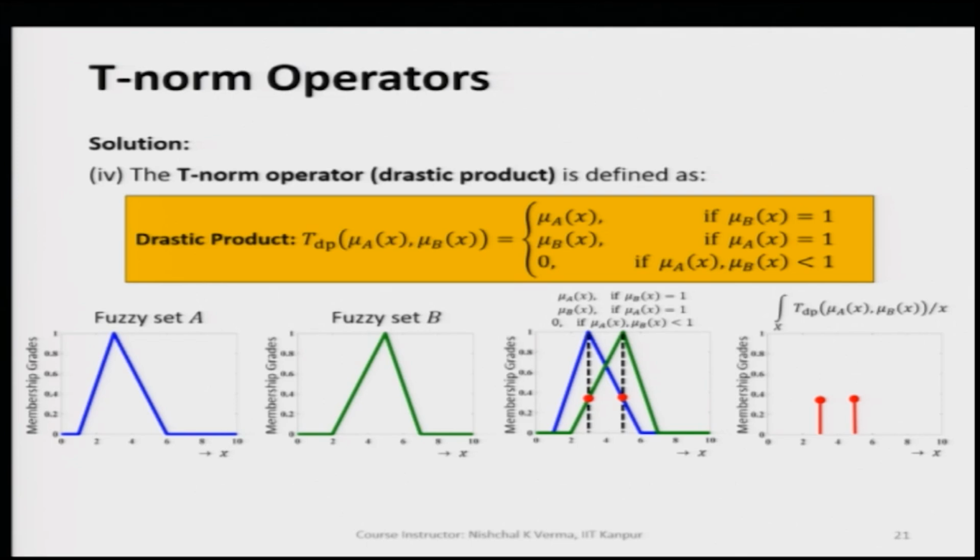So, here we can clearly see that we are getting the drastic product as mu A x equal to 1 if mu B x is equal to 1.